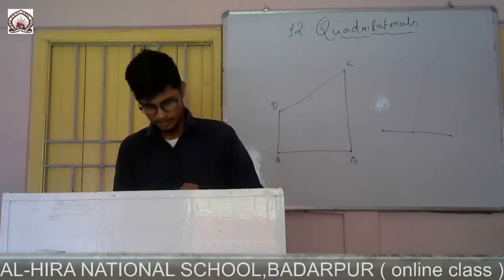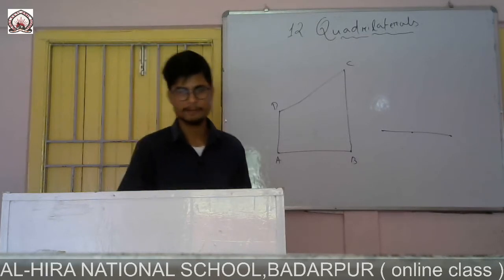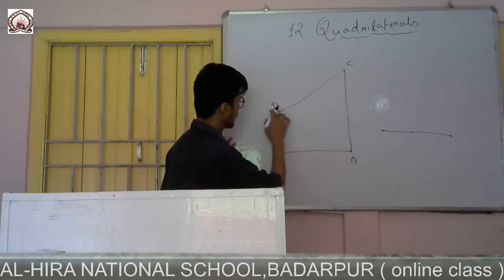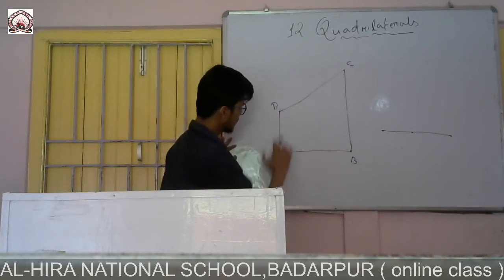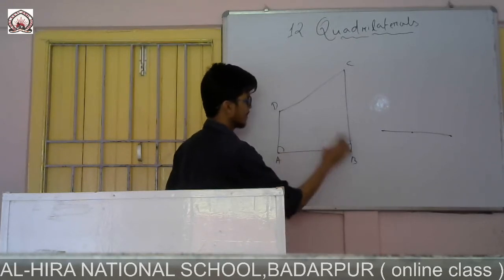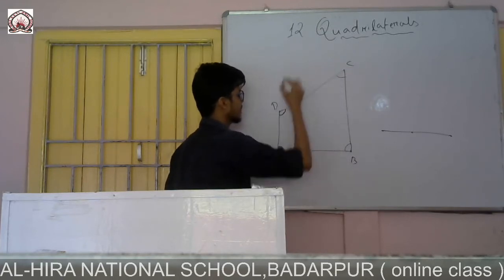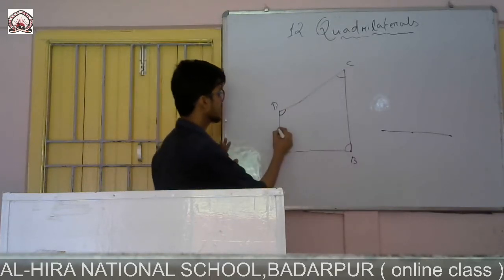Okay. Now adjacent sides, adjacent angles. So this is the angle DAB. This one is another angle, BCD, another angle, and another angle here, and these are its sides.